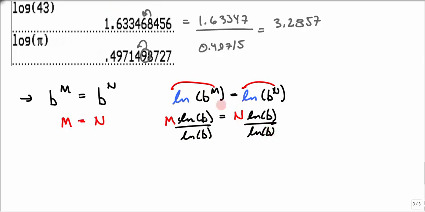They cancel. ln of b over ln of b is 1 on each side, and I get m equals n. So you can go through and establish this way, and we're going to be using logs to solve, but you can also just realize when the bases are the same, I can just equate the exponents. So let's go ahead and run through solving some of these equations in log and exponential form. Now graphing is going to be invaluable here, so we also want to make sure that we can graph these expressions.